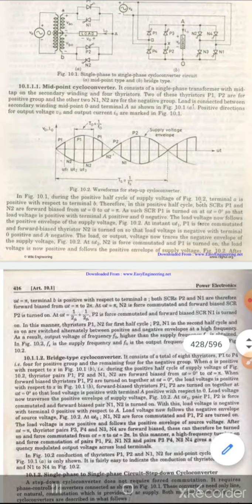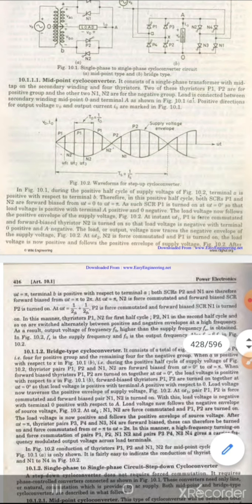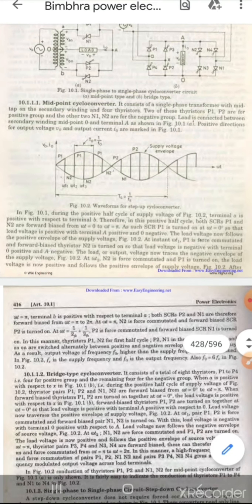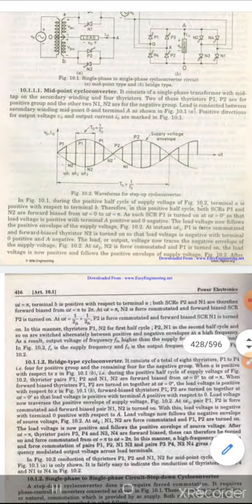As such, SCR P1 is turned on at omega t equal to 0. That means when we give gate pulse to P1 at omega t equal to 0, the load voltage is positive with terminal A positive and O negative.